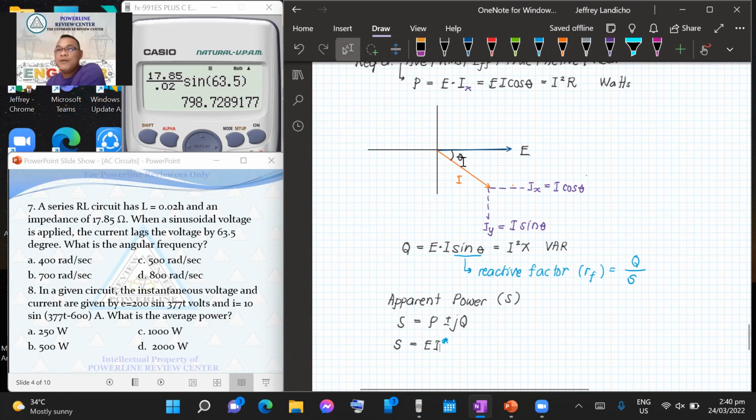Or simply, just change the sign of its direction. So when you use voltage times current conjugate, that is why it is called complex form, you can express it in rectangular form as the real and the reactive. So this is what we need to remember: when you use the current conjugate, a positive reactive power represents inductive.